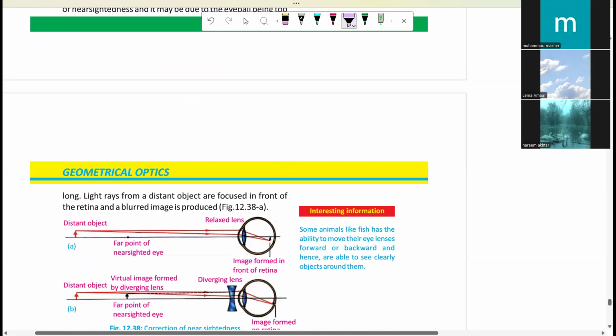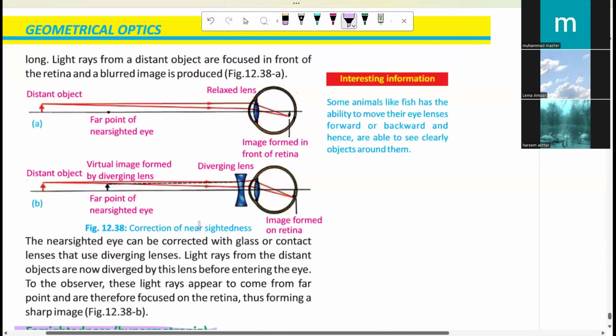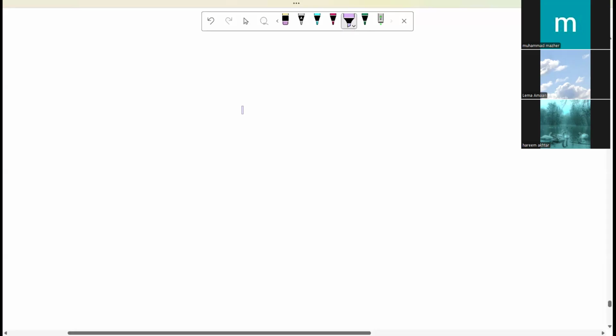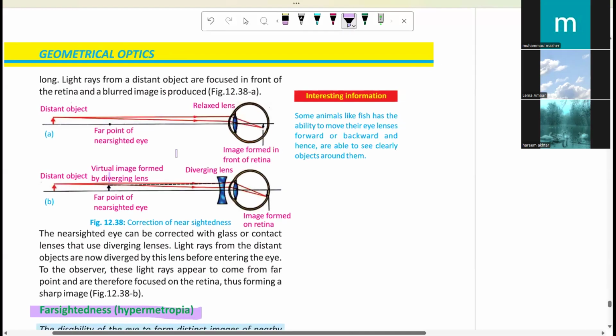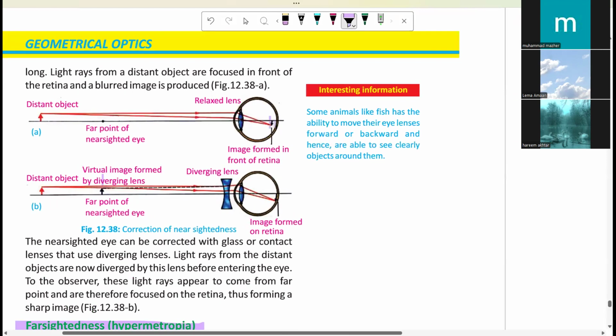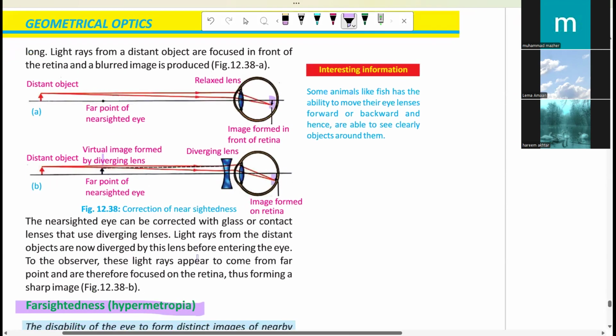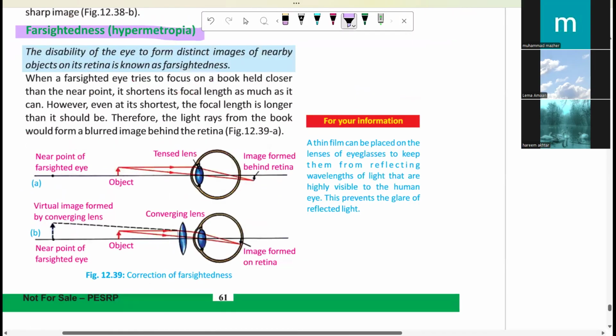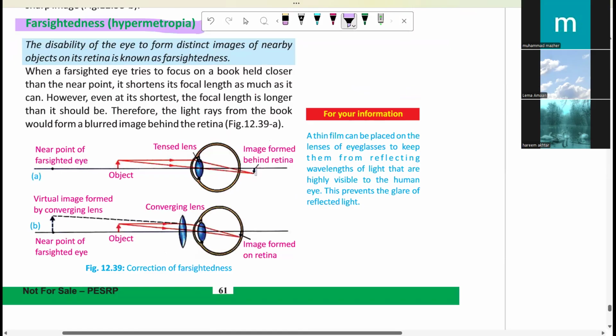Here you could see कि images formed before retina. So using concave lens, images being formed on the retina. Same for long sightedness, जो है convex lens को use करते हैं. Images formed beyond retina और at retina हमने image को form करना.